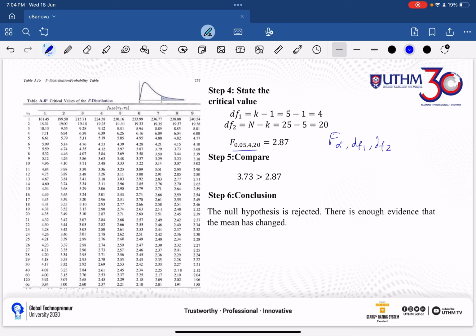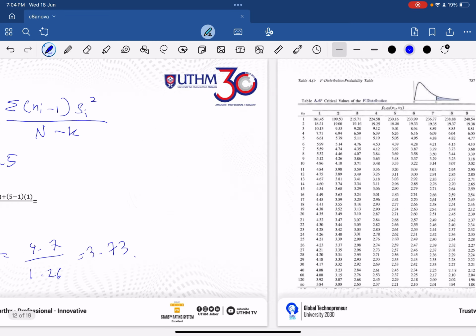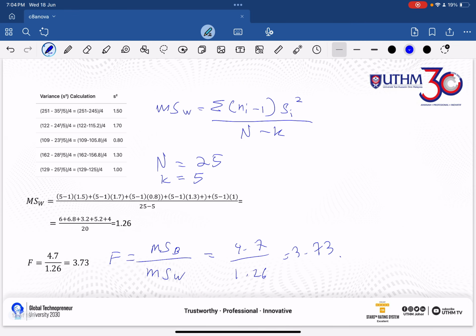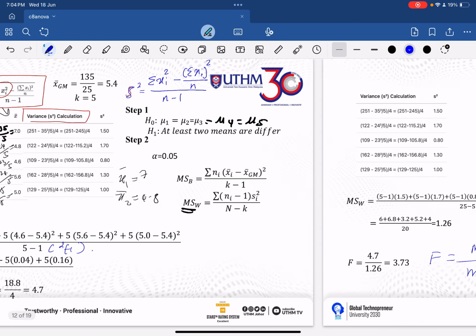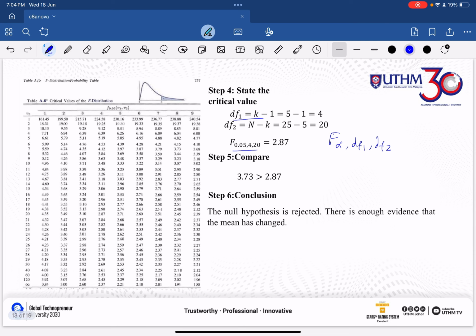Degree of freedom 1 is K minus 1, group number minus 1, and df2 is n minus k. If you look here, the MSW below here is the df2, and here is the df1.